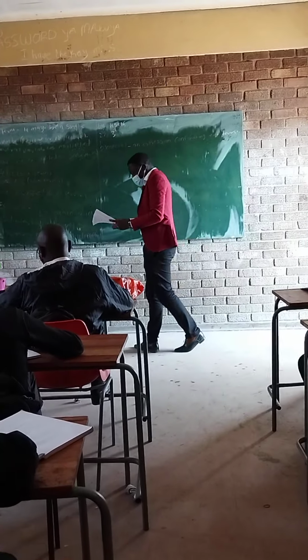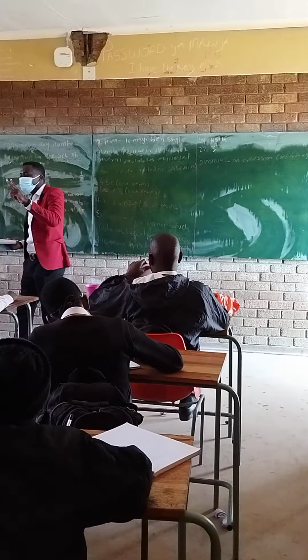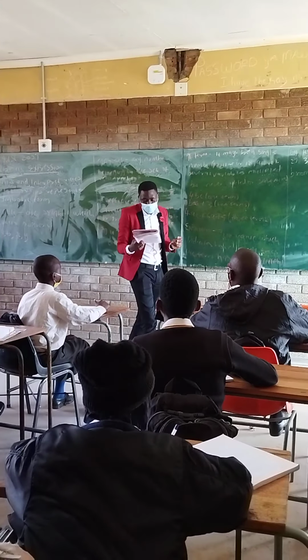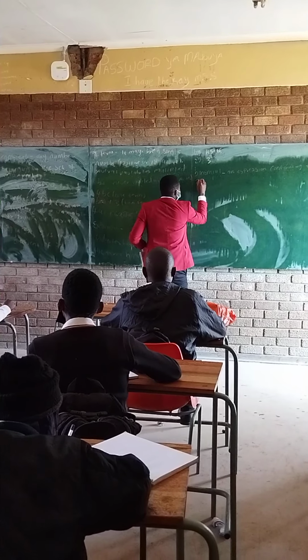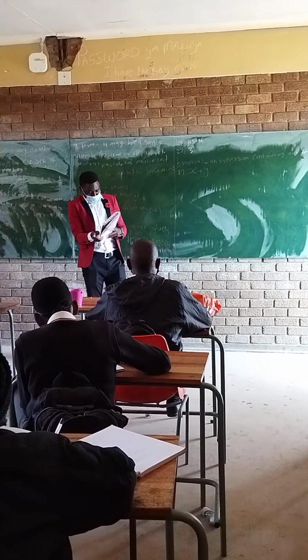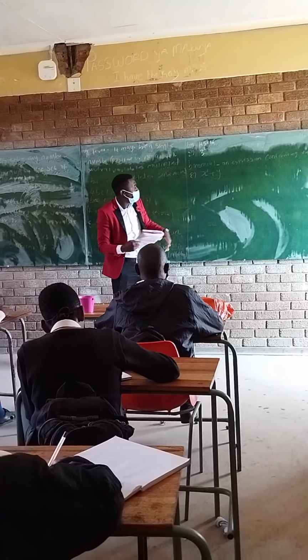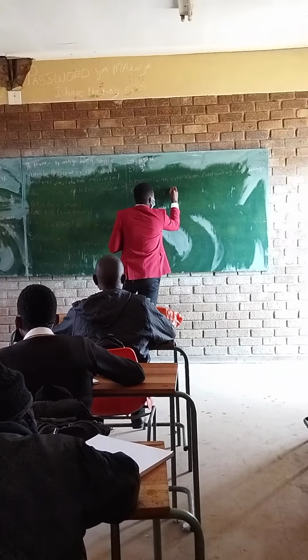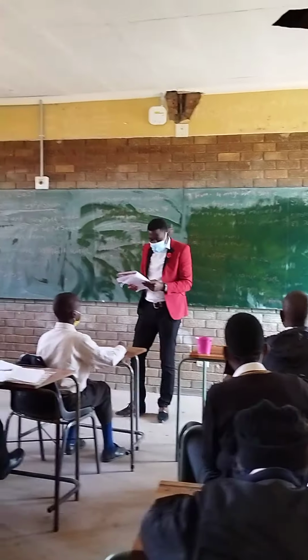These two terms can be joined by a positive or a negative sign. For example, we have x plus y. This is a binomial because it's joined by a sign called positive. Another one, 2 minus x. Do you understand?